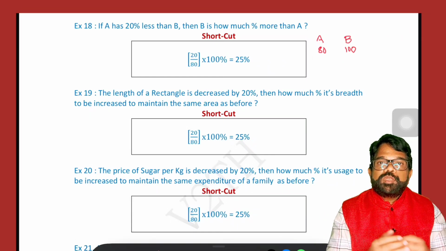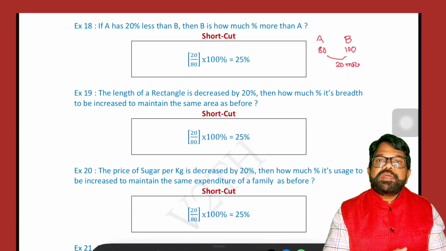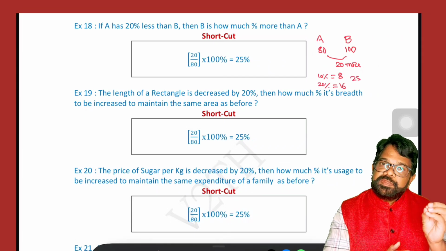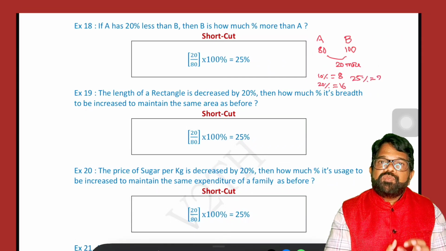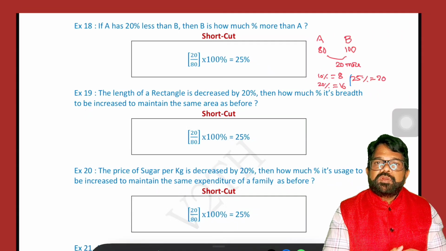What is 20? How much percent is 20? Now calculate 10% of A. 10% value is 8. 20% value is 16. 25% value is 20. In 80, 10% is 8. What about 5%? 4 it is. Understood?